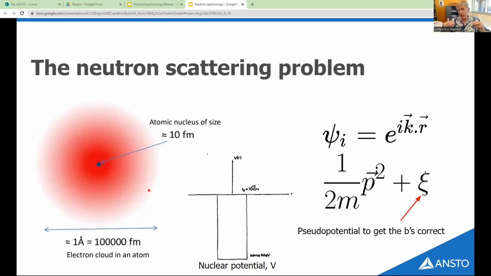Then you have to use the Schrödinger equation to describe the probabilities, and then a wave function. The wave function can be like electrons, S-like, P-like, D-like, etc. But if you've got a wavelength that is so large, and you integrate all these wave functions, what you find is the only wave function that doesn't cancel itself out at such large distances is the S wave.